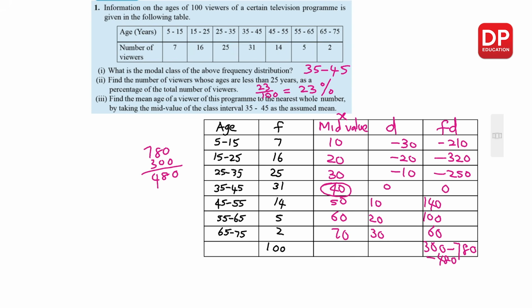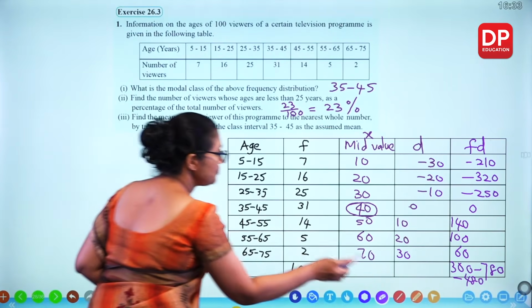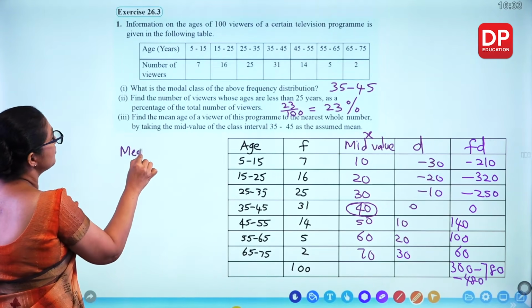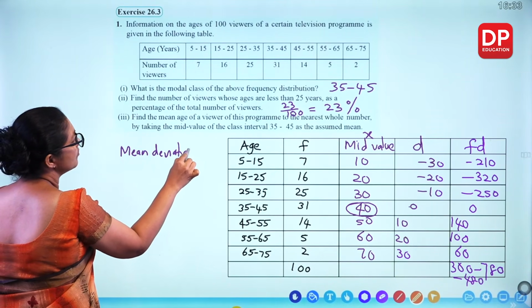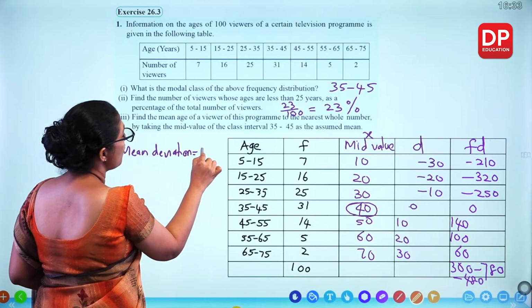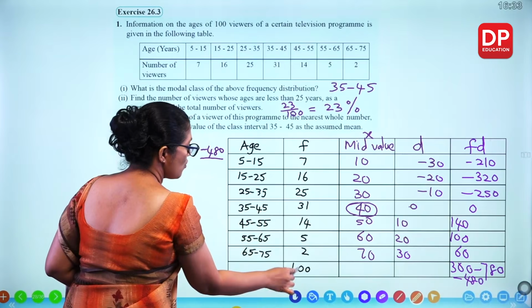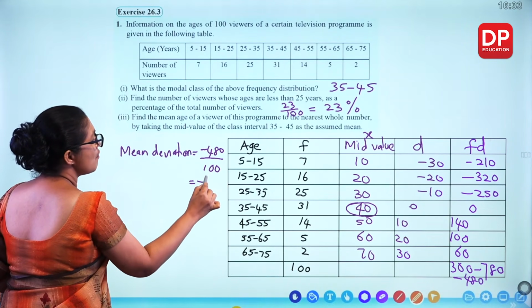So what's the mean deviation? Mean deviation is minus 480 divided by total number. That's 100. So that means minus 4.8.